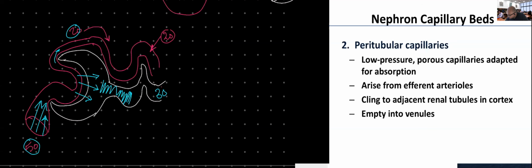So which one has a higher pressure? Your kidney tubules or the peritubular capillaries? What do you think? Tubules, they have 30, and in my peritubular capillaries, I have 20. So which one has higher pressure? 30 or 20?